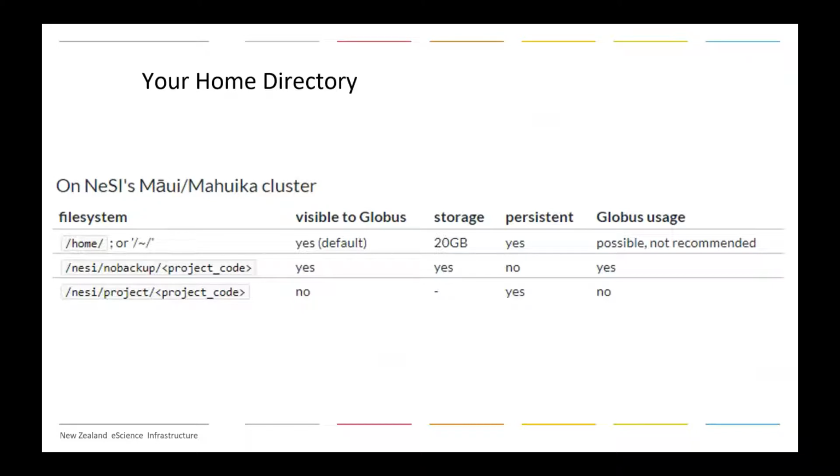Yeah, this one. No, that's on NeSI. Oh, that's on NeSI itself. Yes, so that's if you're accessing the NeSI file system. When you land on NeSI through Globus, you land in your home directory. That only has a 20 gig storage max in there, so that's why we recommend that you do your file transfer from the no backup directory rather than your home directory.